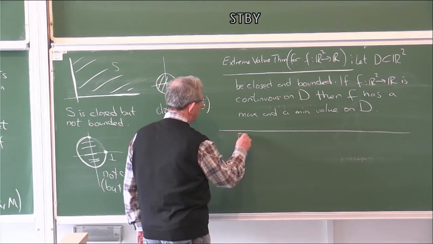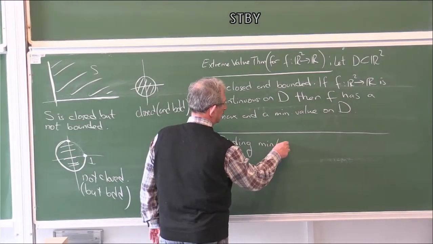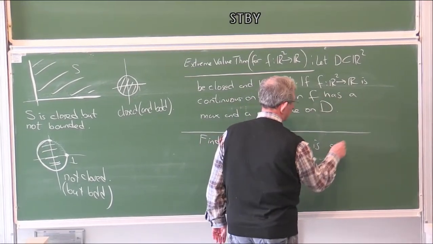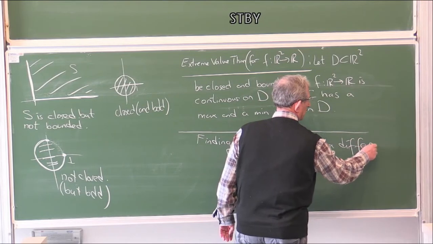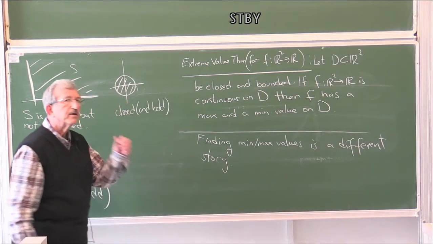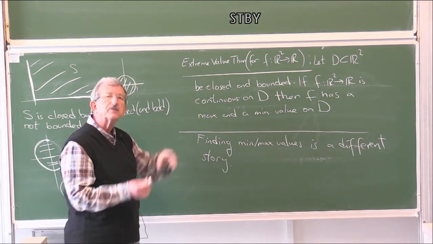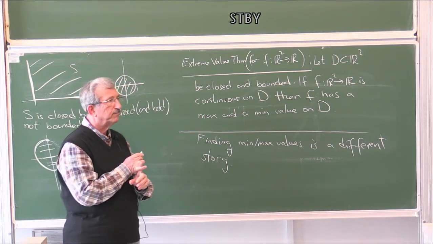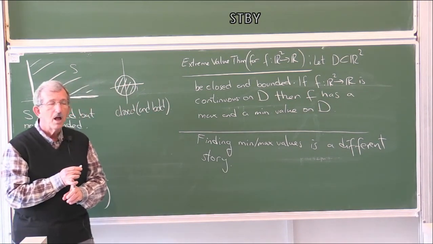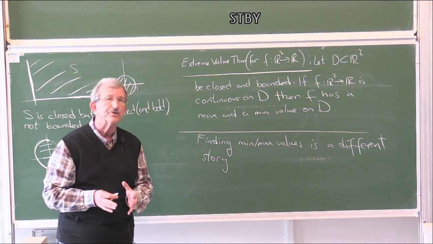Finding minimum maximum values is a different story. Even in functions of one variable, if we just knew this much about the function, that it's continuous, it was very difficult to find the maximum and minimum values. But if we knew that it had a derivative, well, then things were easy.